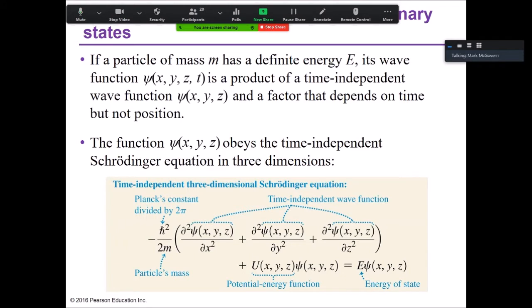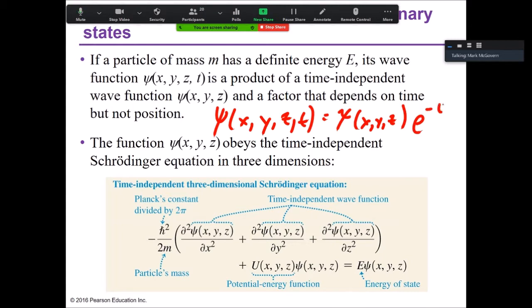Now, if we want to talk about a time-independent equation, well, what we're going to do is this. We're going to have our capital psi, which is going to be x, y, z, and t, and we're going to relate that to a lowercase psi, x, y, z, and the time component is going to be the same stuff that we had developed previously, which is e to the minus i E t over h bar. And that's really not going to be any different.